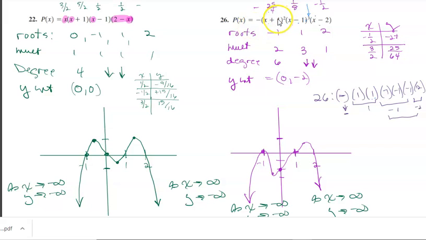Okay, the roots. This root set equal to 0 and solve is a -1 with a multiplicity of 2. This is a 1 with a multiplicity of 3, and this is a 2 with a multiplicity of 1. All right, how do I get my y-intercept? Plug in a 0 here.